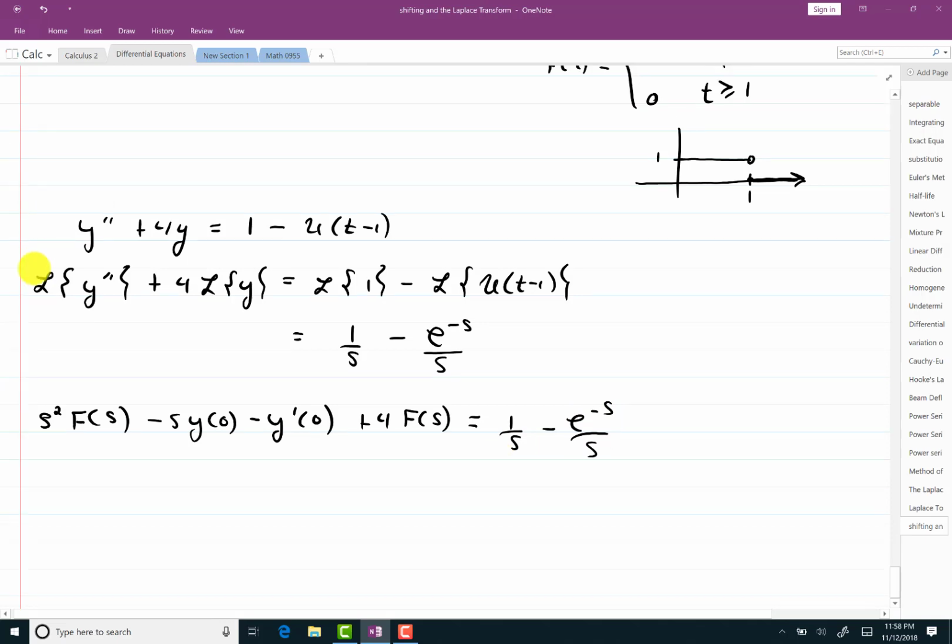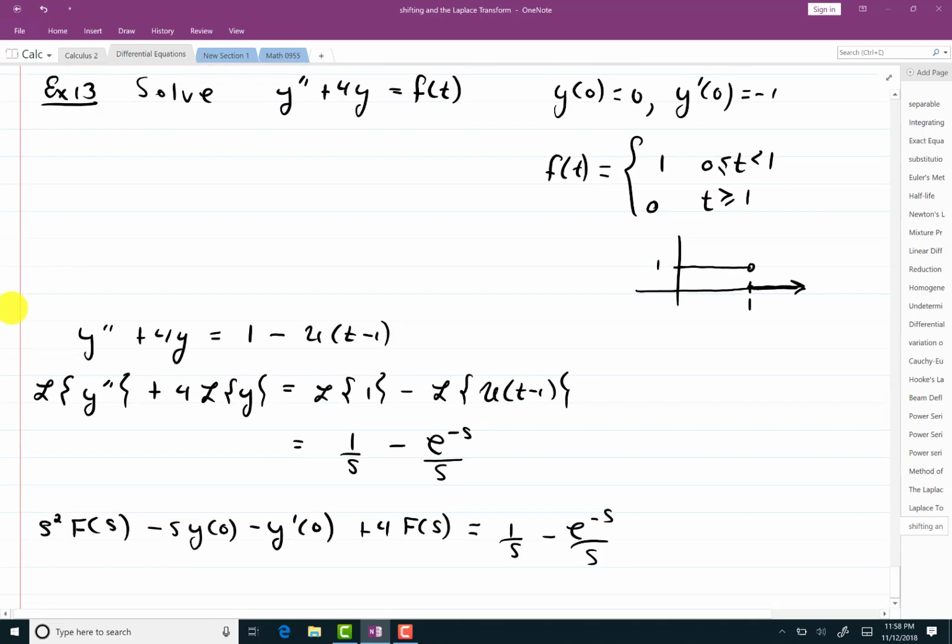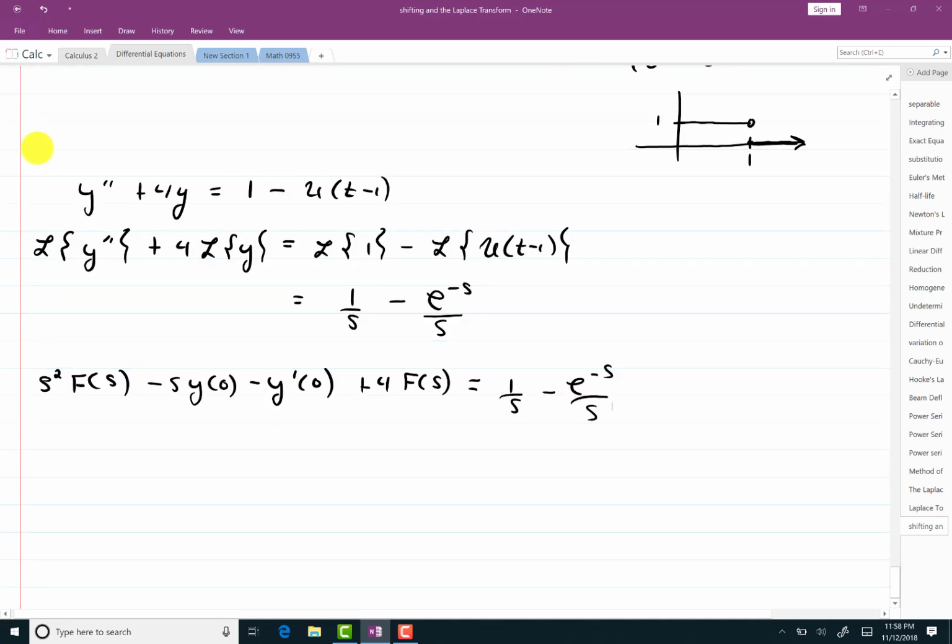Let me plug in the numbers that I have. Y of 0 is 0, but y prime of 0 is negative 1. So it looks like s squared F of s. This part will zero out, but that'll be negative 1. So I'll get plus 1 plus 4 F of s equals 1 over s minus e to the negative s over s.